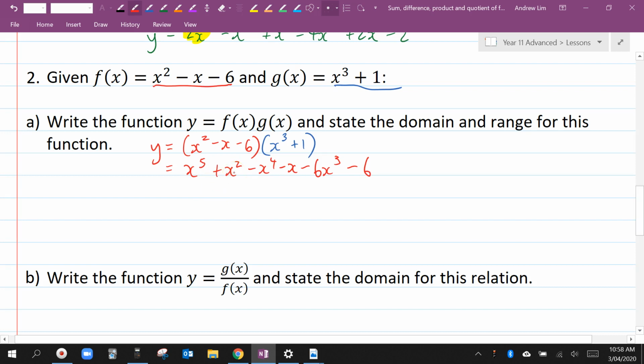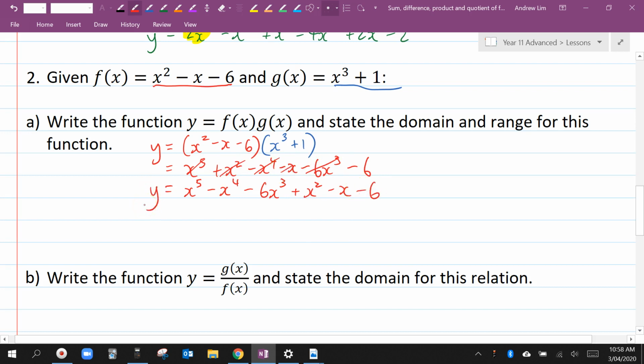So we can just leave it like that. I'm just going to rewrite them with the powers in descending order, because that's what I'm used to. x to the power 5 minus x to the power 4 minus 6x cubed plus x squared minus x minus 6.